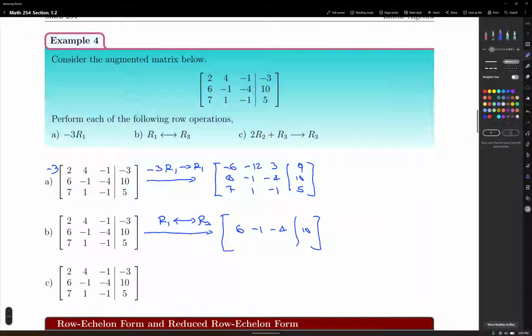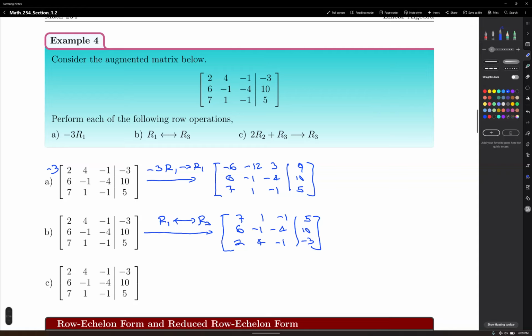And let me bring this third row to the top: 7, 1, negative 1, 5, and 2, 4, negative 1, and negative 3. And that accomplishes the operation. Just interchanging a row. We didn't even calculate, multiply, or add anything.